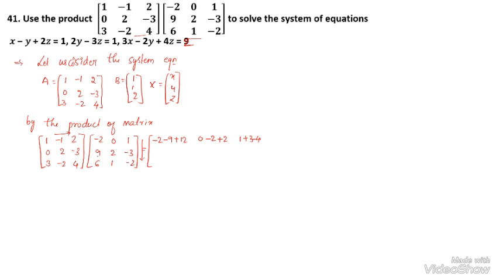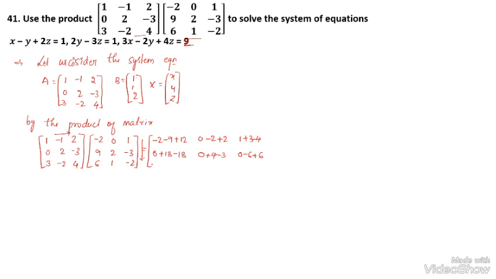Next, second row, first column: 0 into 2 is 0, 0 into anything will be 0. 2 nines are 18. Minus 3 into 6 is minus 18. Second row, second column: 0 into 0 is 0, 2 twos are 4, and minus 3 into 1 is minus 3. Second row, third column: 0 into 1 is 0, 2 into minus 3 is 6, and 3 twos are 6, that is plus 6.